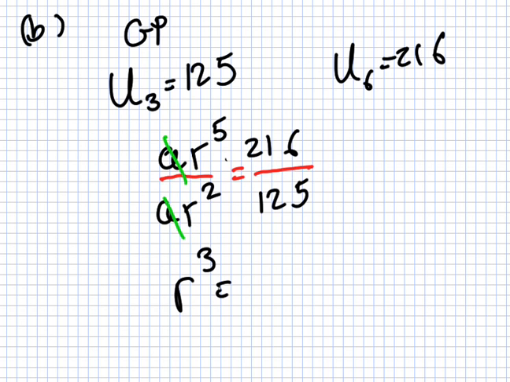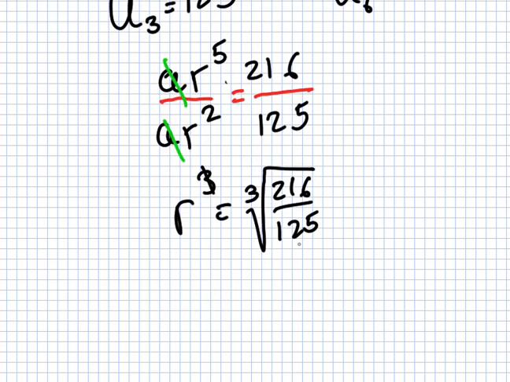216 divided by 125 is not anything nice. It's all ugly. So 216 over 125. So then r is the cube root of this. So if I do cube root, my answer is the answer. Oh, great. Cube root is nice. So r equals 6 over 5.